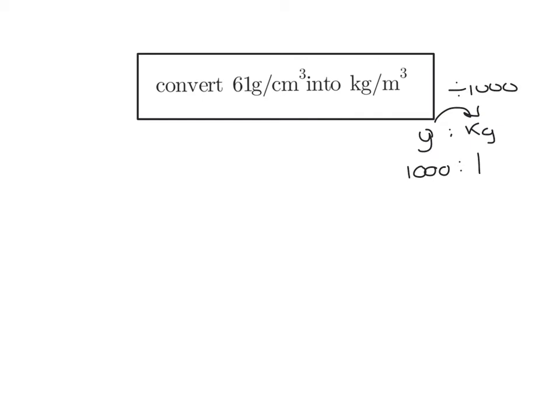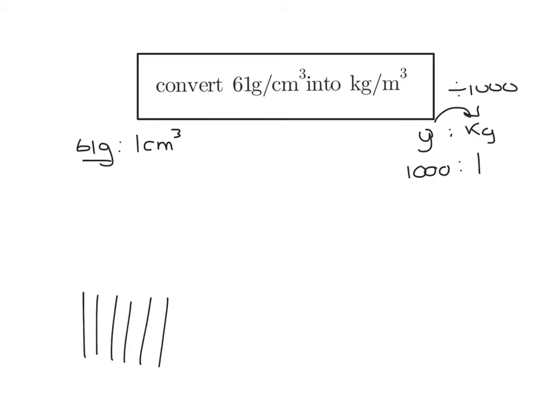If I go back to my original question, I've got 61 grams for every 1 centimetre cubed. So if I want to turn this into kilograms, I need to divide by 1,000. I can use a little place value table if I need to. So I've got 61, there's my decimal point, and I need to divide by 1,000, so move 3 spaces: 1, 2, 3.